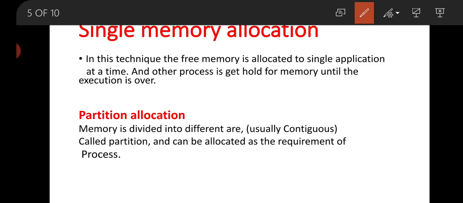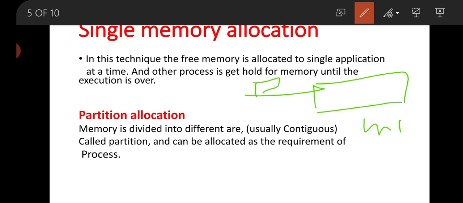If process P1 is allocated the memory block M1, suppose this is the memory block M1 and this is the process P1 or job J1, and this process occupies this space, then all the other processes like P2, P3 will have to wait until the execution is over and the memory is released by the CPU. This concept is called single memory allocation.